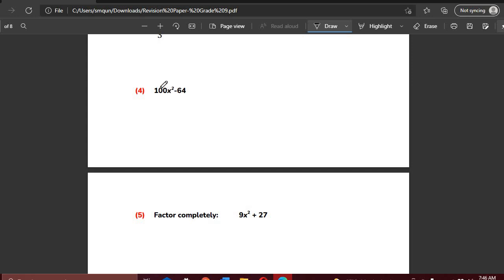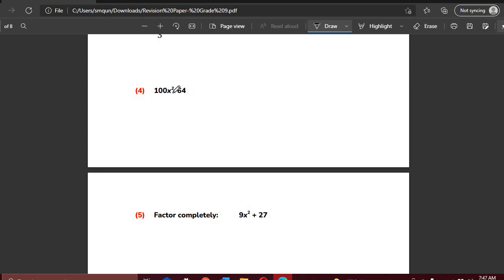So we can notice here that 100, I can square a number to get 100. I can also square x to get x squared, and I can also square 64, yes. I can square a number to get 64.